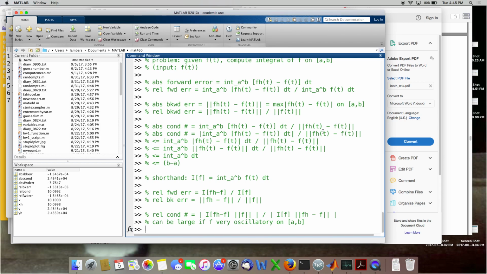The exception is if your exact values, where we're talking about the exact input or the exact output, are 0 or near 0, then you need to use absolute. In most cases, relative error gives you a better idea of how accurate your approximation is. In my research, for instance, I always use relative errors. Other questions?